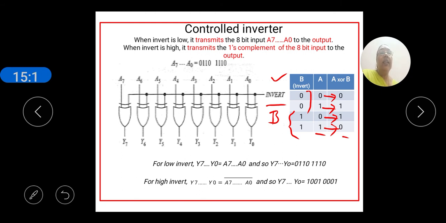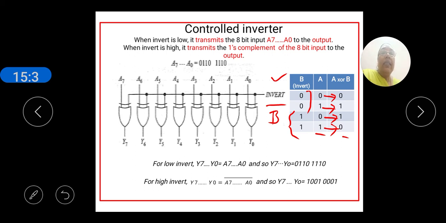So whenever invert is 0, the binary number from A0 to A7 is sent to the output as A0 to A7. But whenever B invert is 1, the binary number A0 to A7 is inverted and sent to the output.